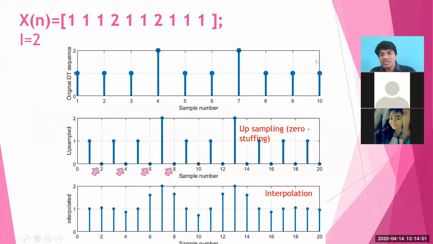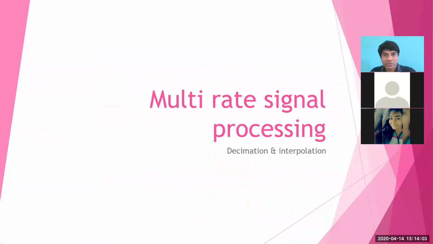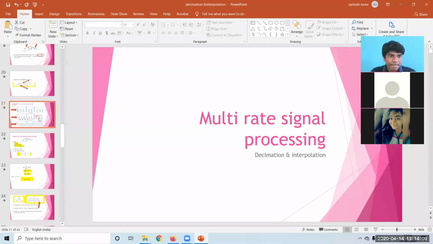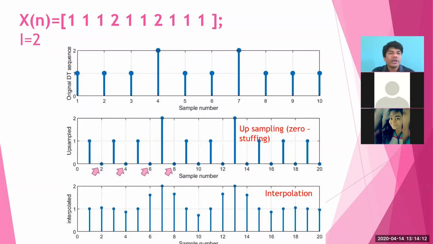Here I have taken a sequence x of n, and as you can see the samples out there, I would like to upsample by a factor of 2. Just now we have seen the definition of upsampling. Upsampling by a factor of I means we are going to insert zeros between successive samples. How many zeros?